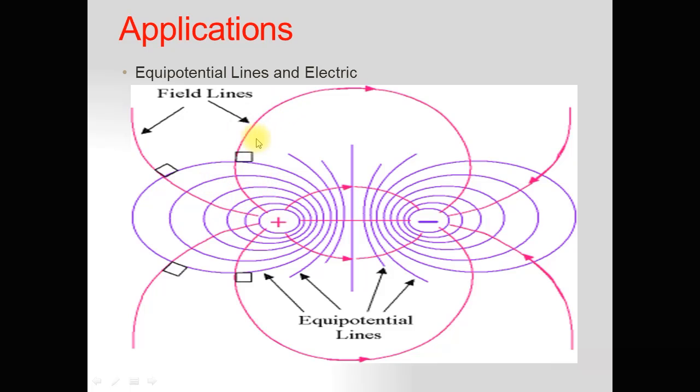The red line you see here intersects all these curves. These are the equipotential lines, and these are the field lines. So these field lines intersect all the equipotential lines at a 90 degree angle. So this is the orthogonal trajectory for this family of curves.